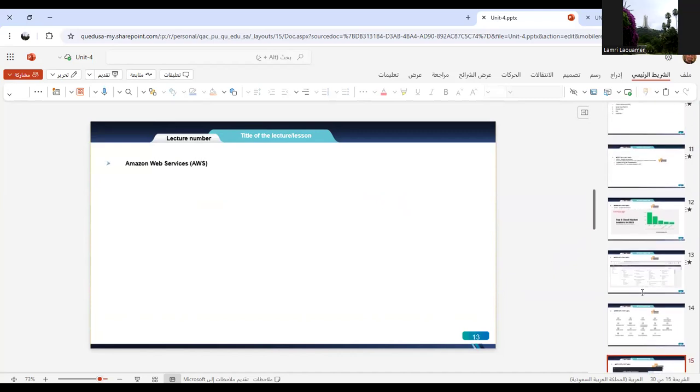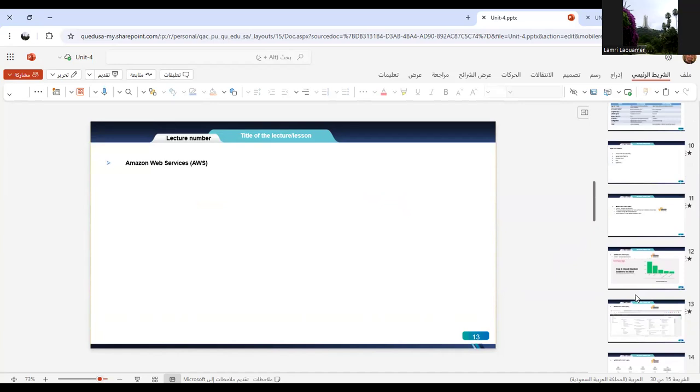Mainly we will focus on AWS, which is the cloud provider most used in the world, and we will see that in the second part of this lecture.